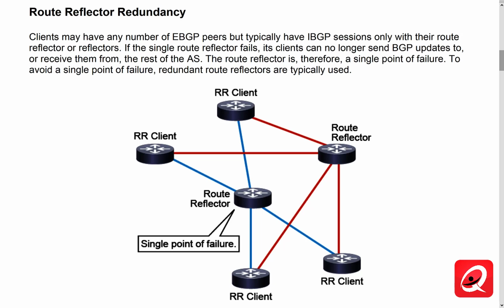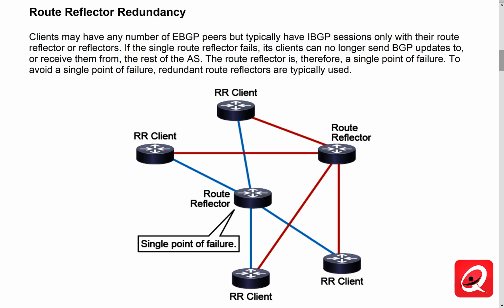On the route reflector, we add a second command for that particular neighbor. And it's basically just neighbor x.x.x.x route-reflector-client. And that's it. It's a really, really simple configuration. Very, very easy to configure.